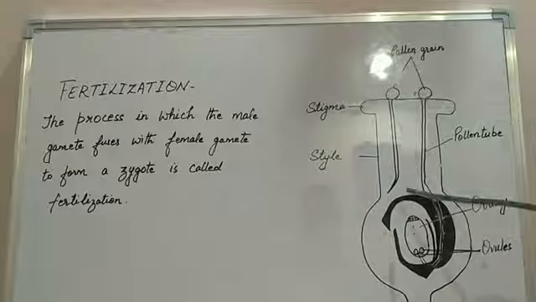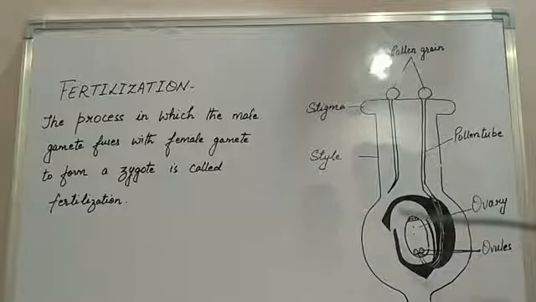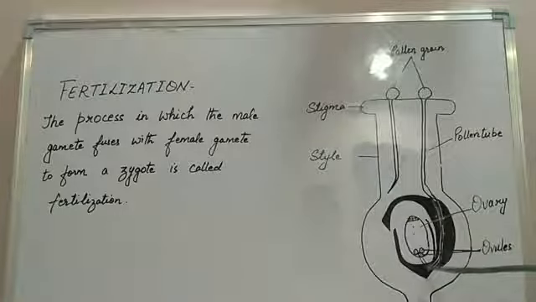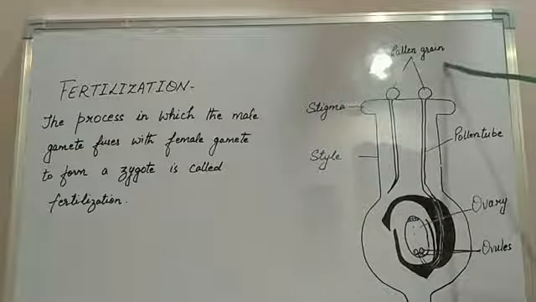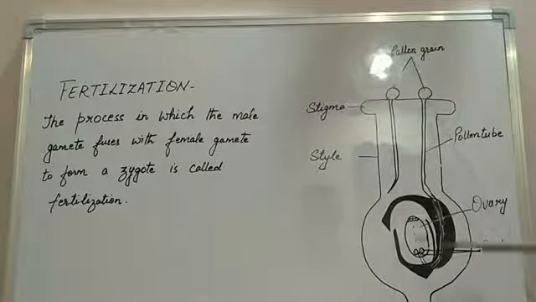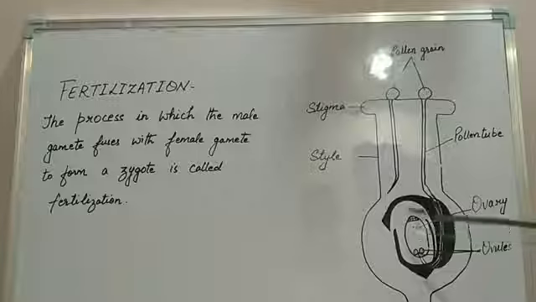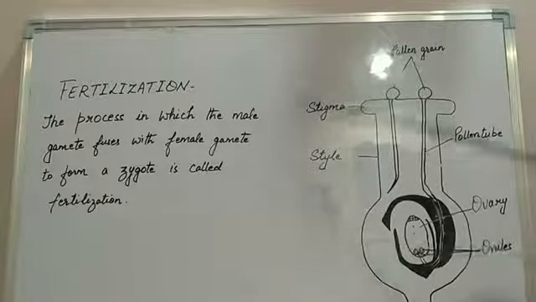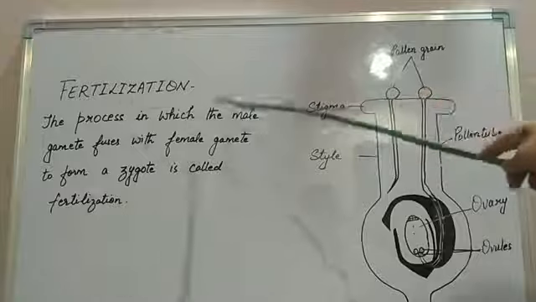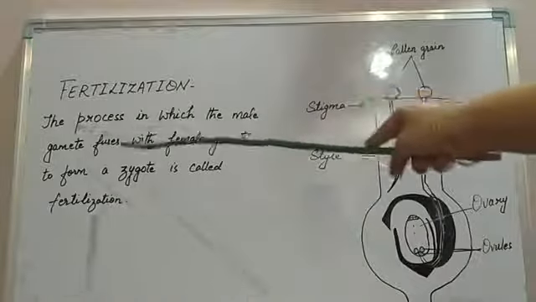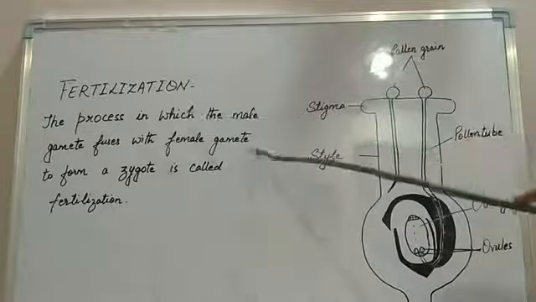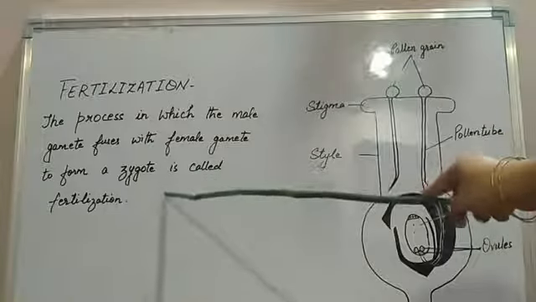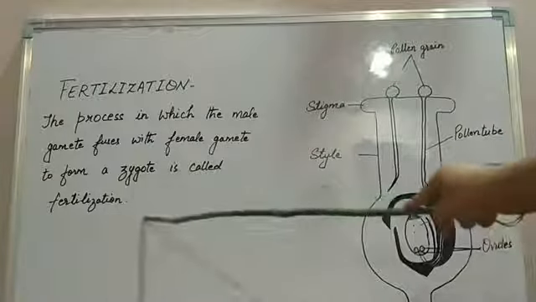The male gamete then combines with the female gamete, meaning pollen grain combines with the egg to form a fertilized cell called zygote. The process in which the male gamete fuses with the female gamete to form a zygote is called fertilization.